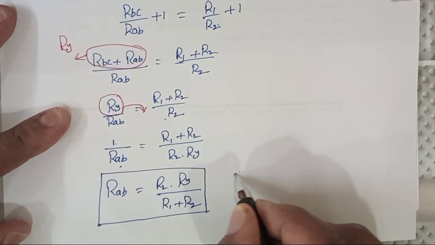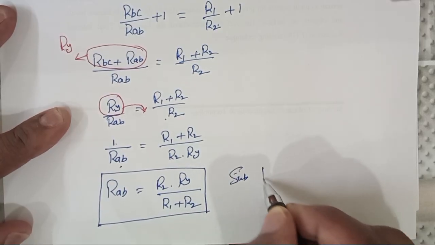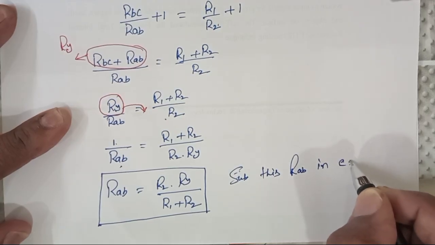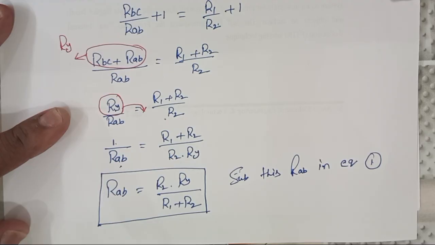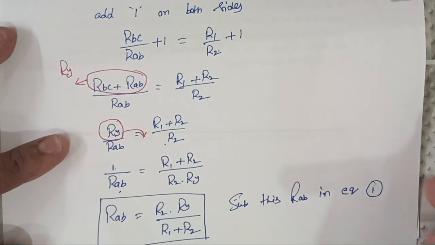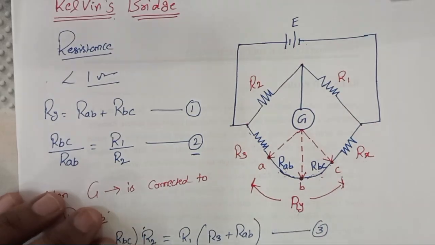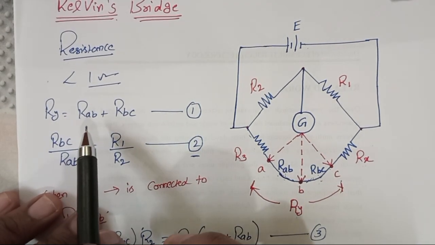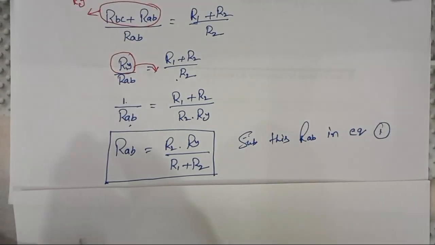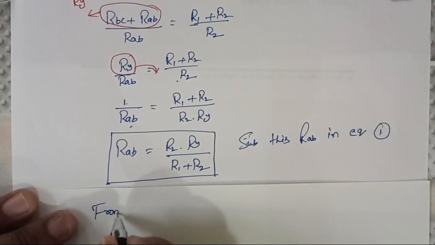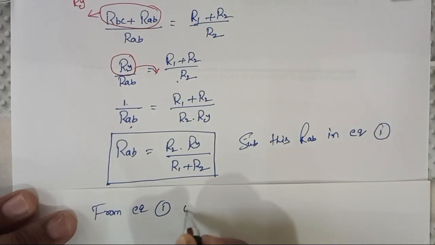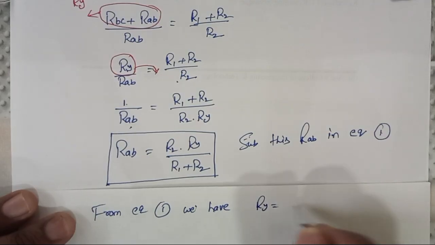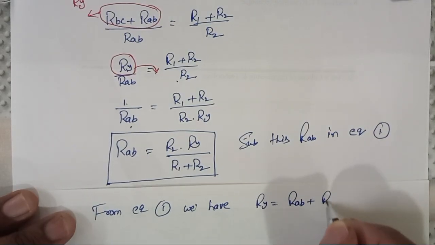Now substitute this RAB in equation 1. Here is equation 1. Now we have to substitute that RAB here. That is from equation 1 we have RY equal to RAB plus RBC.